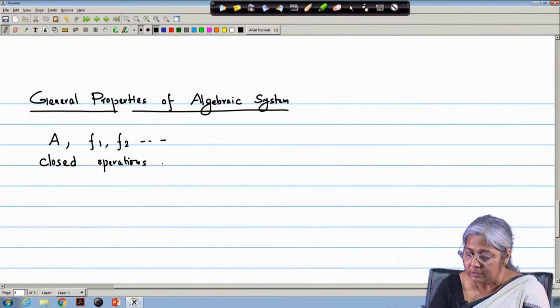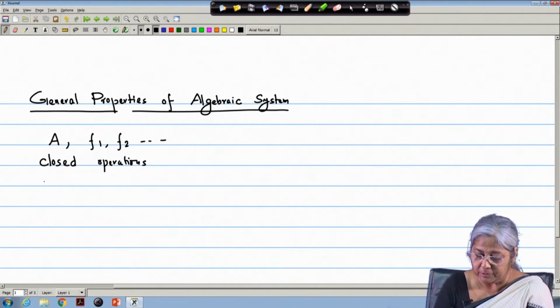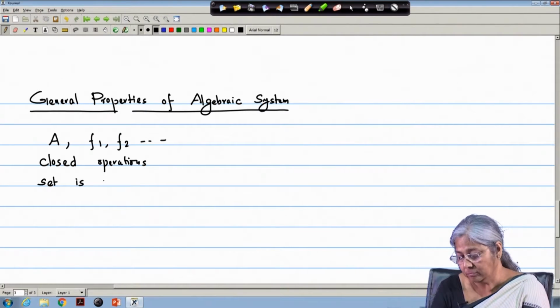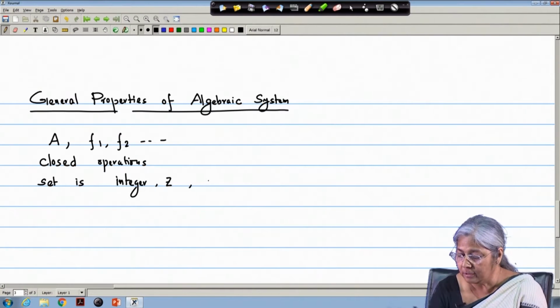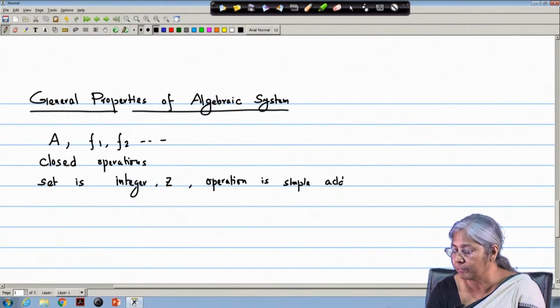Say the set is the integers, normally denoted as Z, and the operation is simple addition.